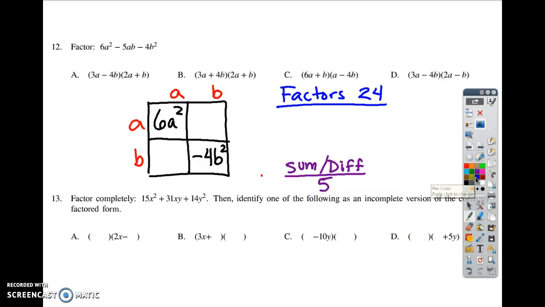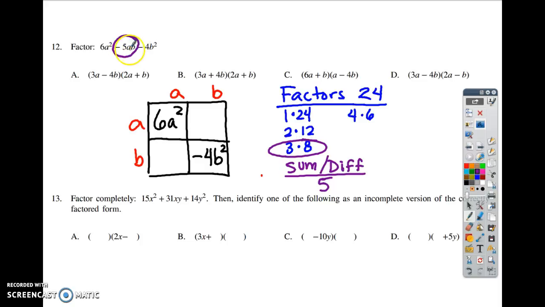So factors of 24 would be like 1 times 24, 2 times 12, 3 times 8, 4 times 6, and that's it. So which one of those gives you a sum or a difference of 5? The 3 and the 8 if you subtract them, right? So look at the middle term.